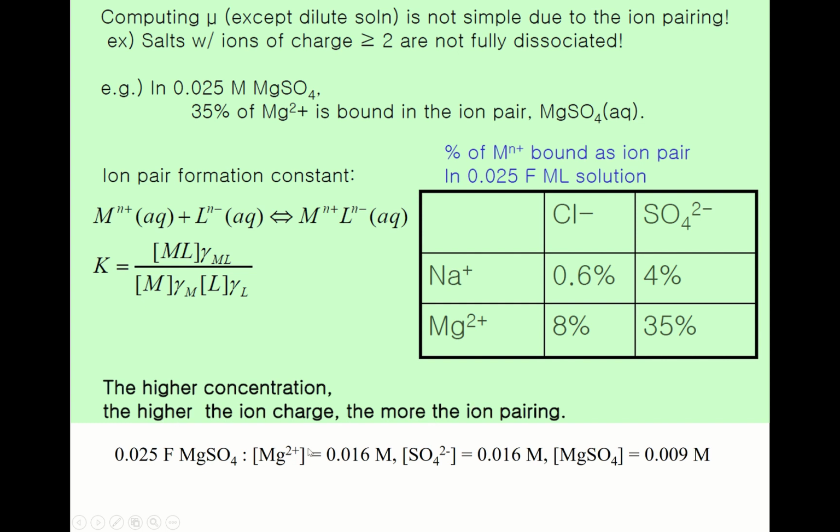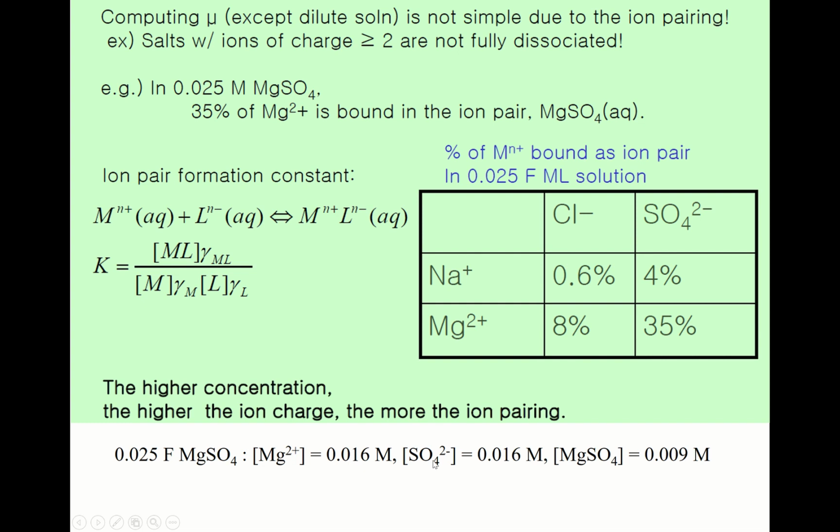All right, so in this case 0.025 formal magnesium sulfate. Here the free magnesium ion concentration is 0.016 molar, right? But if there is no ion pairing effect, what is the concentration of magnesium ion? This one is 0.025 molar, because it completely dissociates.